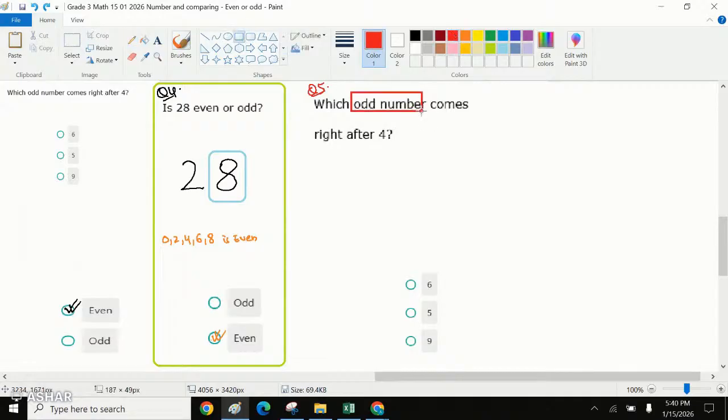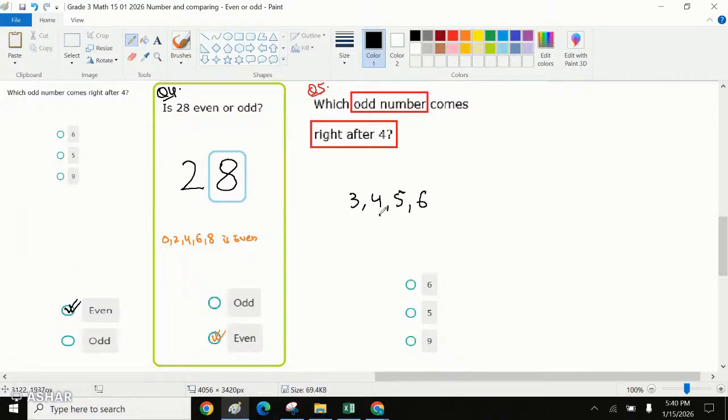Can I have an answer? When we do the counting, we know this is 3, this is 4. After 4, it should be 5 and it should be 6.